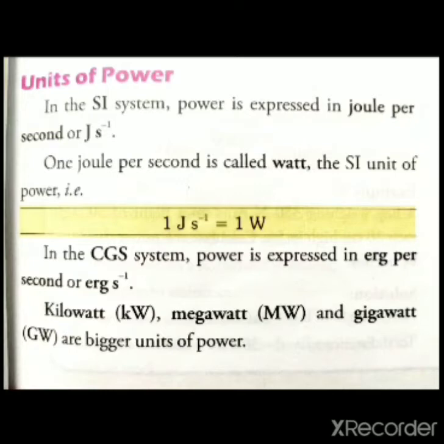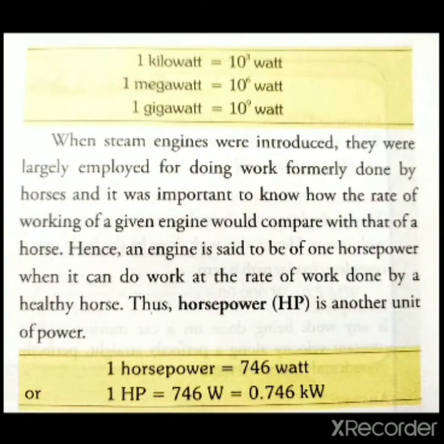Bigger units of power are kilowatt, megawatt, and gigawatt. 1 kilowatt is equal to 10 to the power 3 watt, 1 megawatt is equal to 10 to the power 6 watt, and 1 gigawatt is equal to 10 to the power 9 watt.